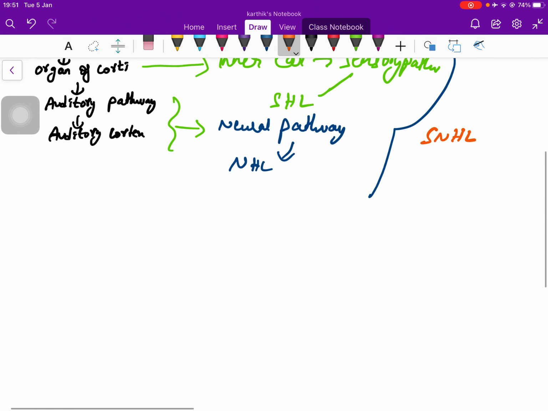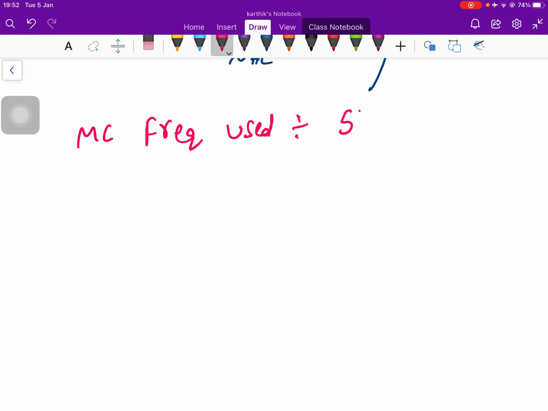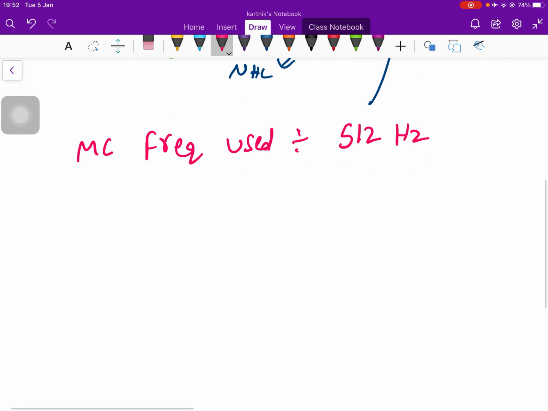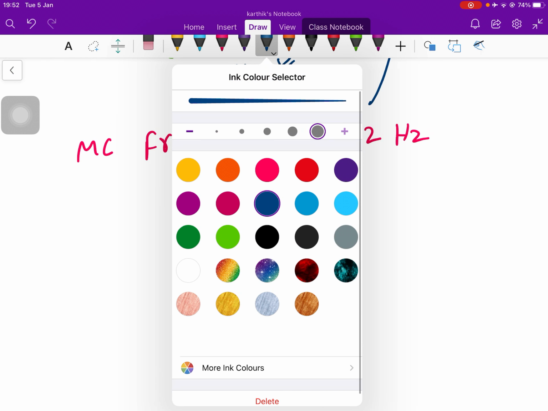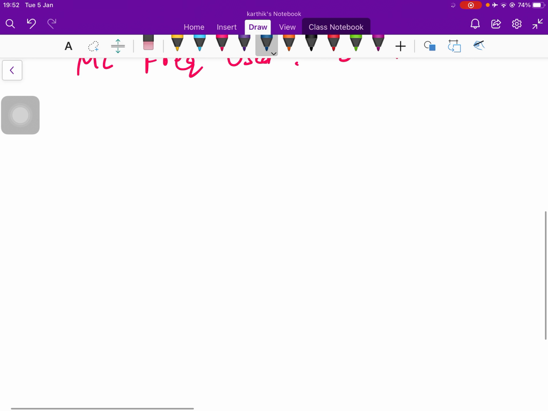Everyone knows that the most common frequency used for a tuning fork is 512 Hertz because it is better heard. Now, air conduction and bone conduction.